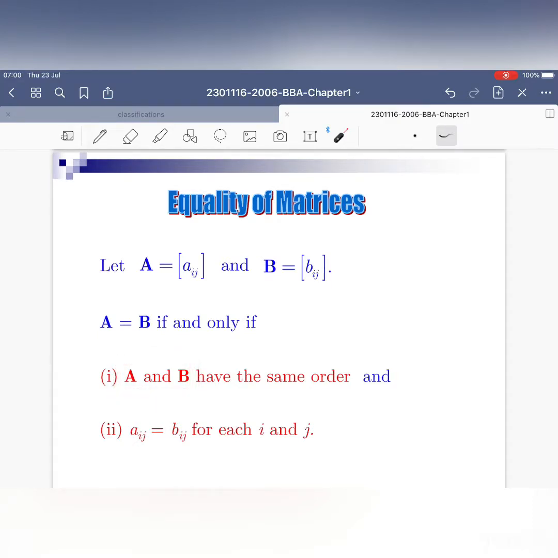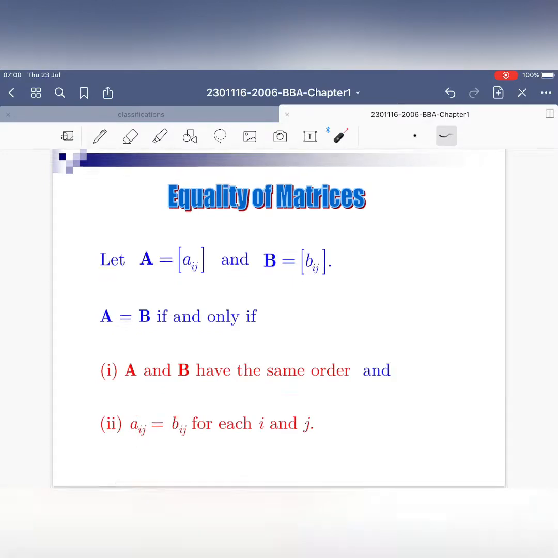By form, it means they should have the same order, the same number of rows and the same number of columns. And of course, if they are going to be equal, then each and every position must be the same. So they are equal position-wise, okay.